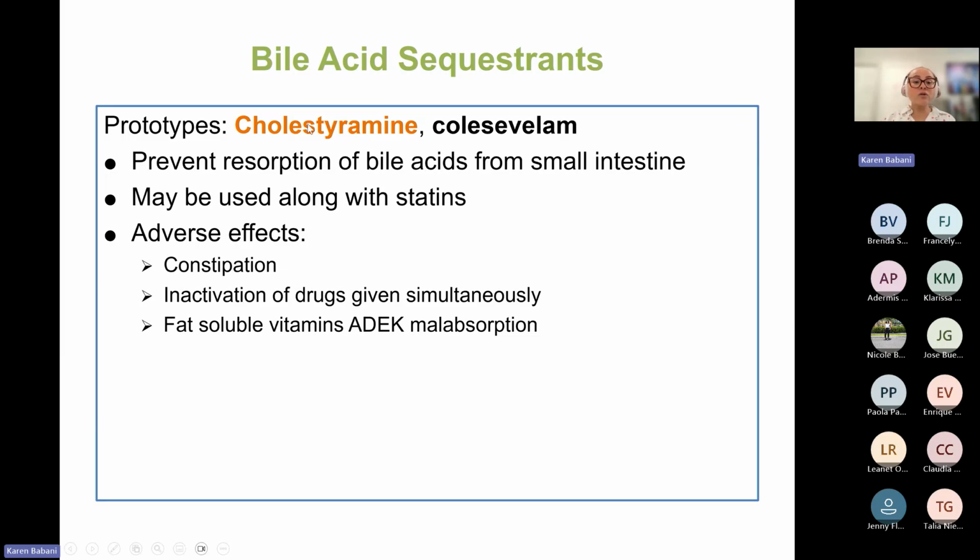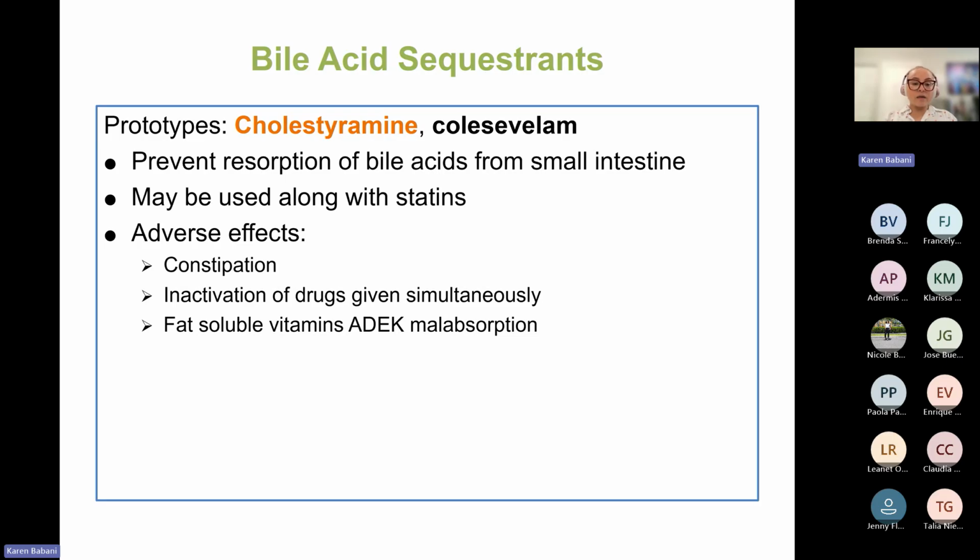Usually they're going to have the word "chol" from cholesterol, that suffix: cholestyramine, colesevelam. You can use them in combination with statins if you have a person with very, very high levels of cholesterol that either are not responding too well to the statin therapy, or they're just too high and you want to lower them.